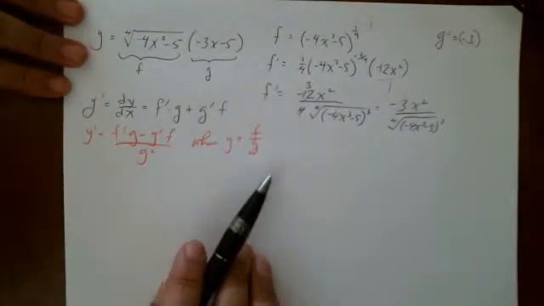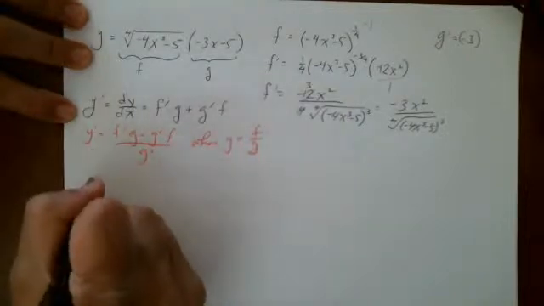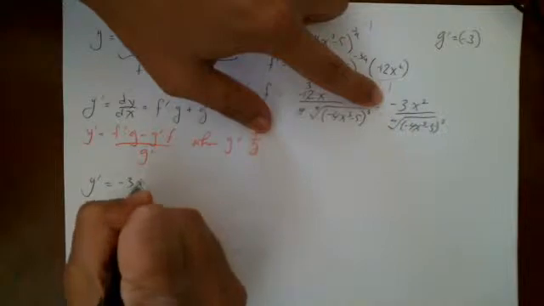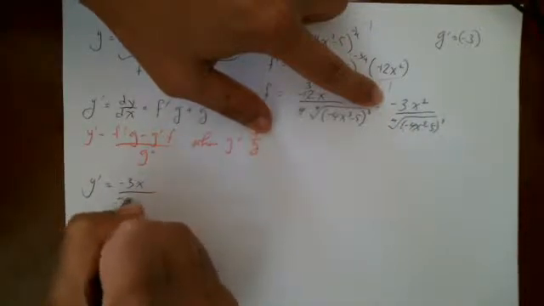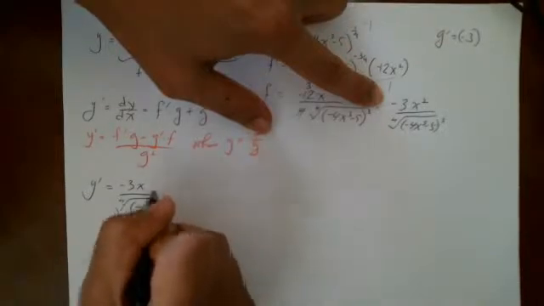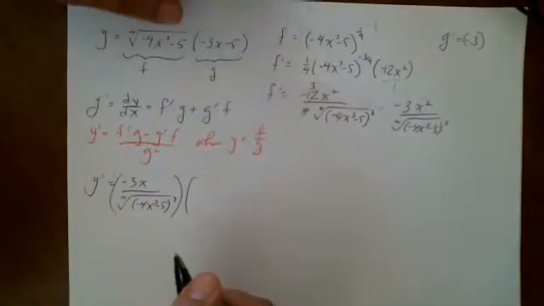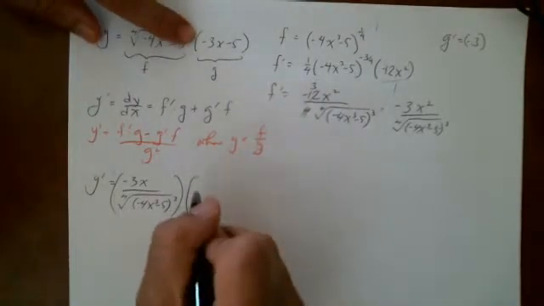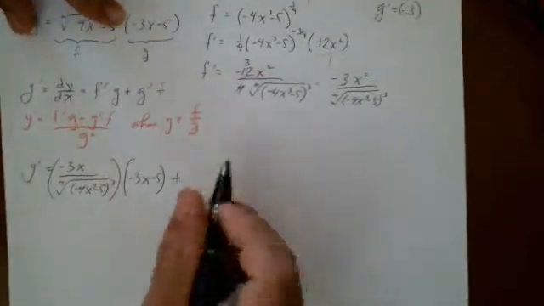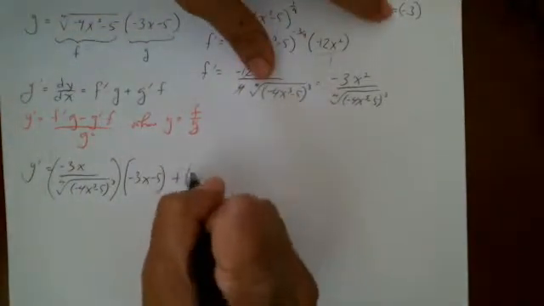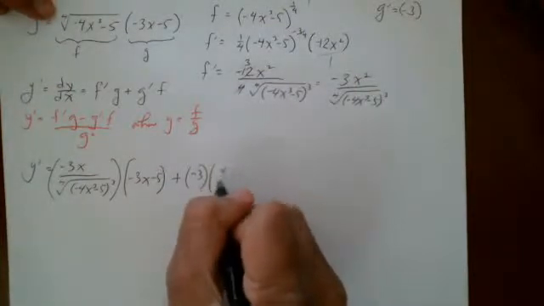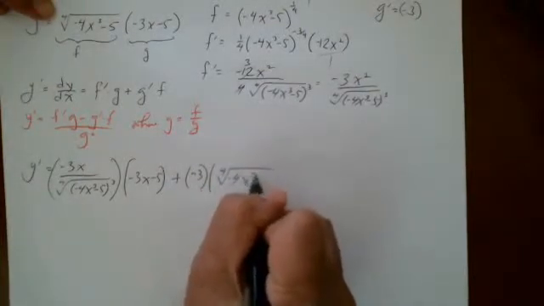Way back when. So using this equation right here, y prime: f prime is negative 3x squared over the 4th root of (negative 4x cubed minus 5) to the 3rd power, that times g, which is negative 3x minus 5, plus g prime, which is negative 3, times f, which is the 4th root of negative 4x cubed minus 5.